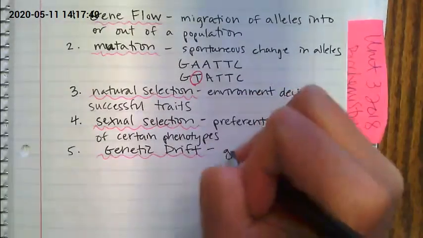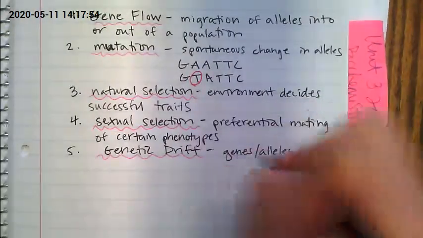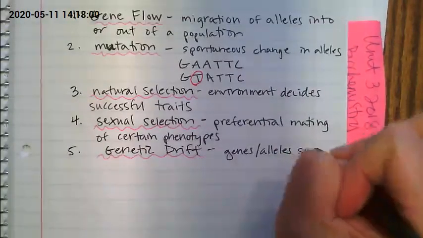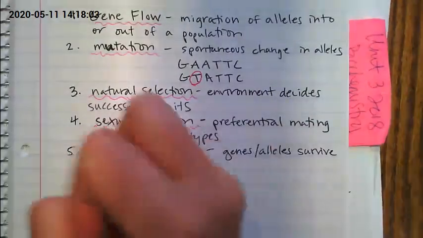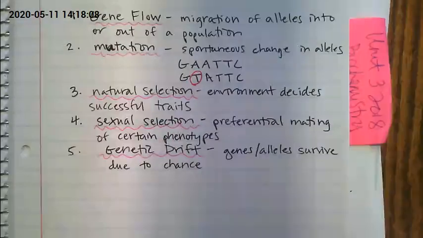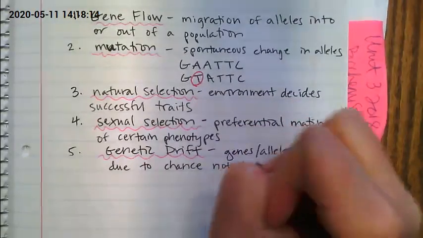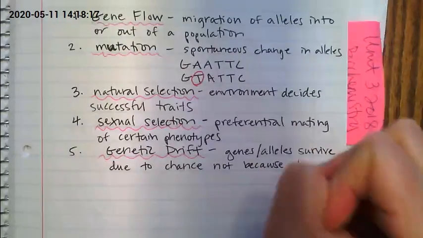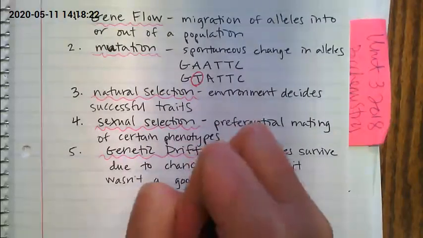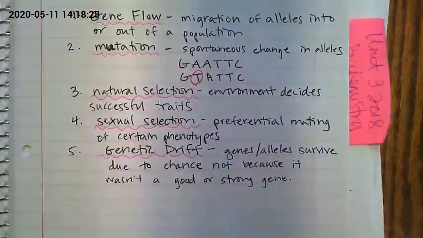Okay, this is when genes, or alleles, remember alleles are your genes, survive due to chance, not because it wasn't a good or strong gene. Okay, so what does that mean?